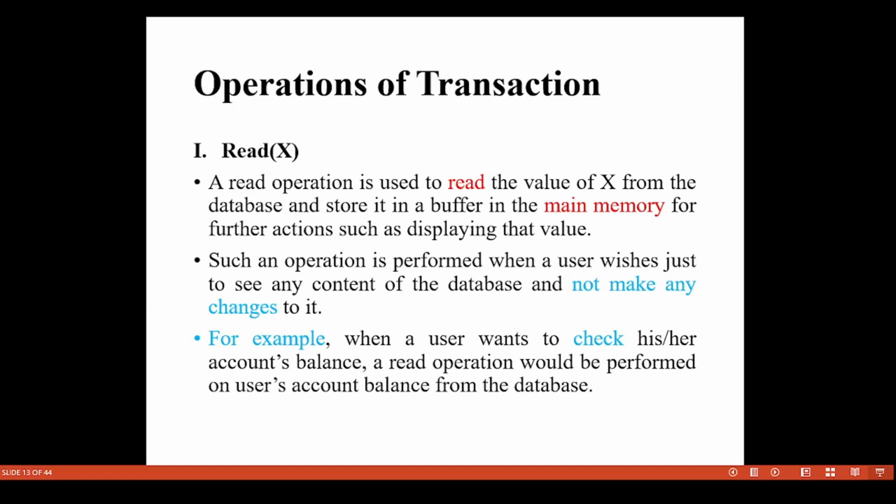Such an operation is performed when users wish just to see any content of the database and not make any change on it. For example, when a user wants to check her account balance, a read operation would be performed on the user's account balance data.